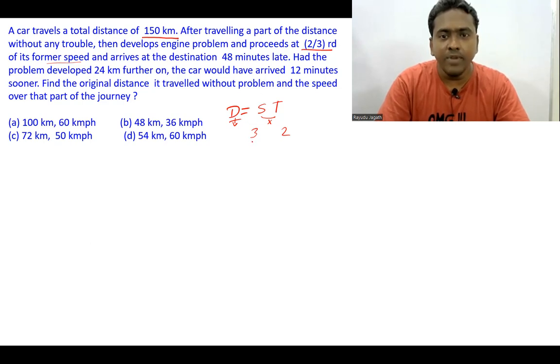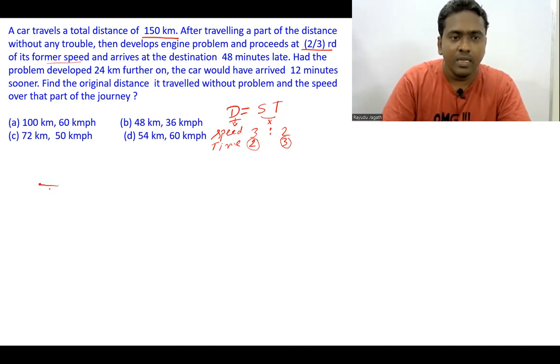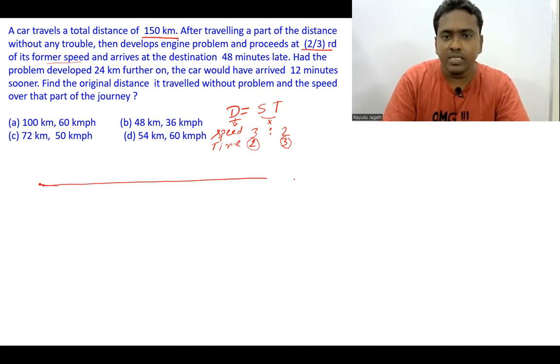Speed ratio is 3:2, so time taken should be in the ratio 2:3. So actual time is 2 parts, now taken time is 3 parts. It is a delay of 1 part, 3 minus 2, 1. So I apply all these concepts in the problem now we are going to discuss.